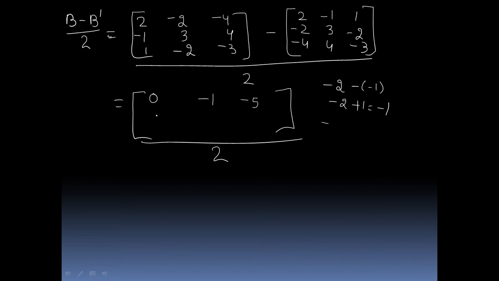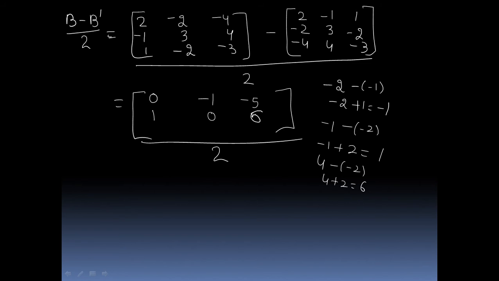Minus 1 minus minus 2 is minus 1 plus 2, that is 1. 3 minus 3 is 0. 4 minus minus 2 is 4 plus 2, that is 6.